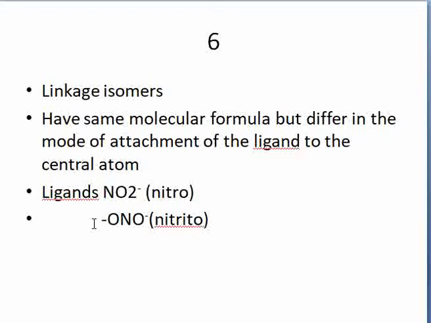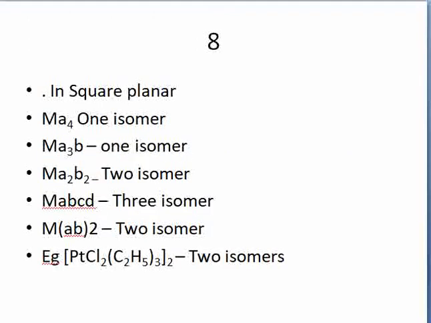If oxygen is attached to the central atom, it is called a nitrito ligand. From the type of attachment, we can separate these isomers. These are called linkage isomers. These are the easy ones, and we can expect questions based on this.